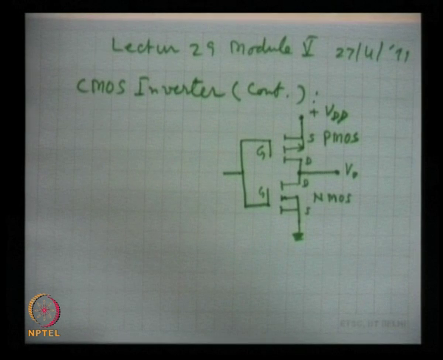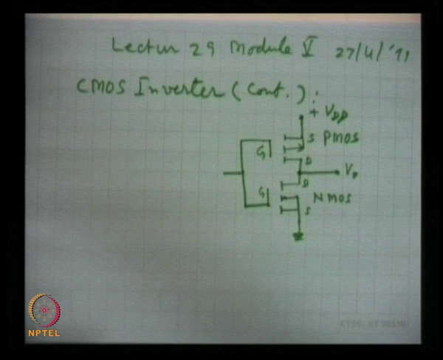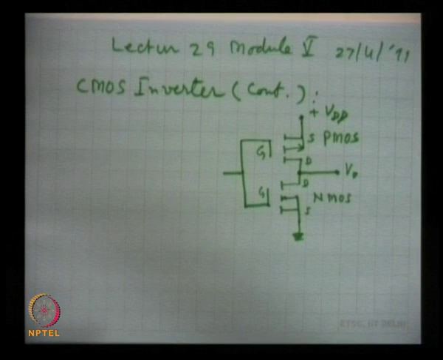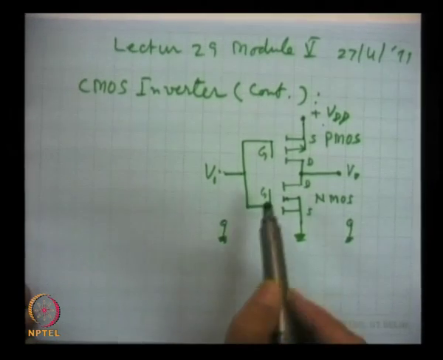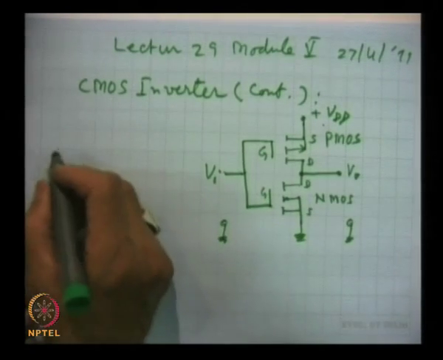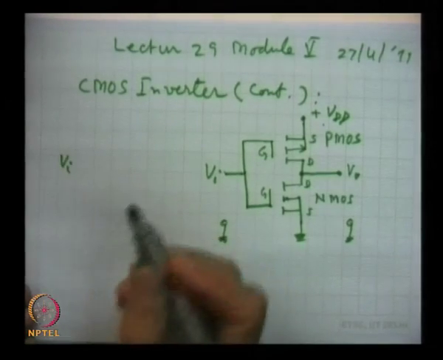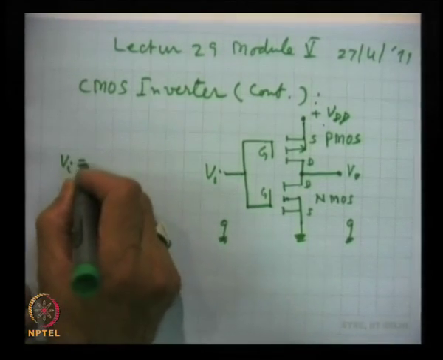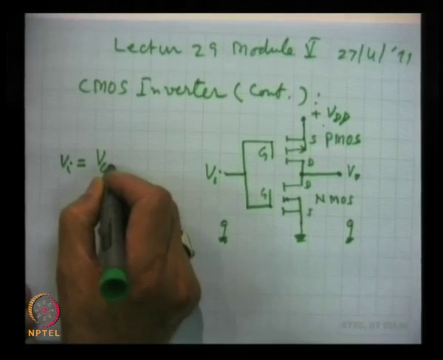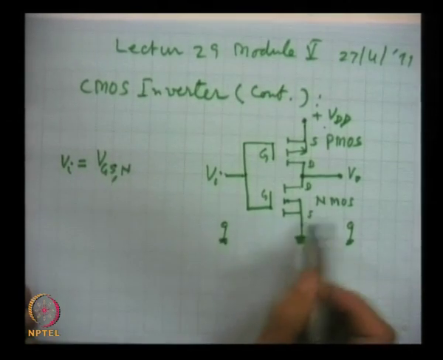Then we obtained two equations, which we got earlier. For the input voltage, Vi is equal to VGSN, N stands for NMOS.